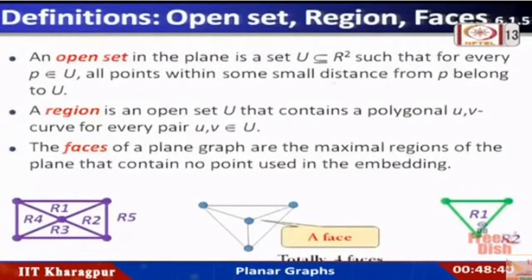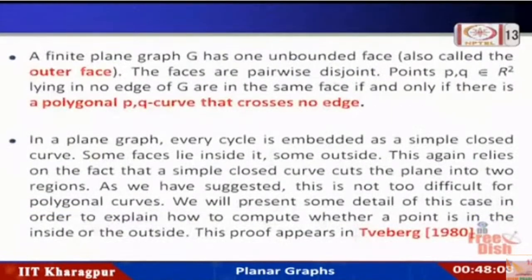An open set in the plane is a set U in two-dimensional space such that for every point P in U, all points within a small distance from P belong to U. A region is an open set U that contains a polygonal u,v curve for every u, v contained in U. The faces of a plane graph are maximal regions of the plane that contain no point used in the embedding.